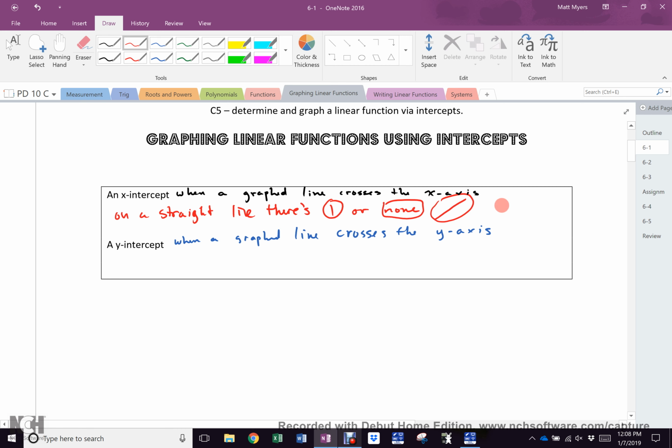If there's none, it's a vertical, or a horizontal line. Because that line will never touch the x-axis, unless it is right along the x-axis. Everybody cool? Now, obviously, being the intelligent people you are, on a straight line, there's, again, one, it's diagonal, or none, it's flat.